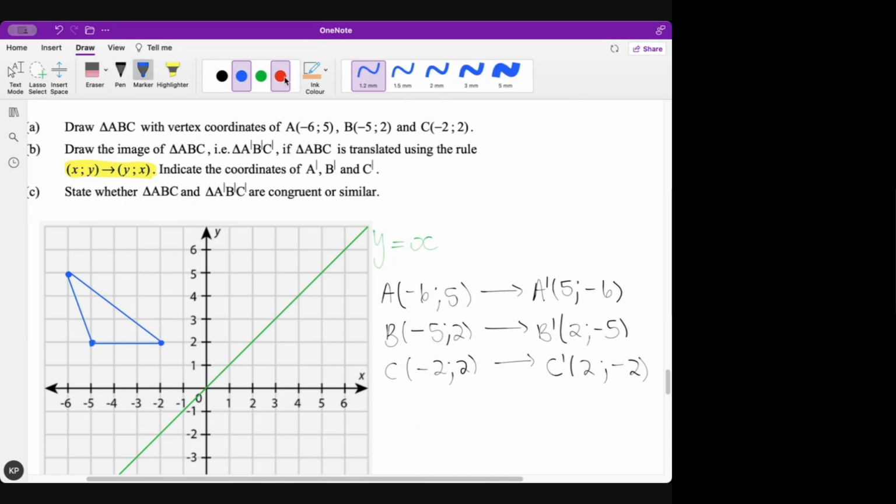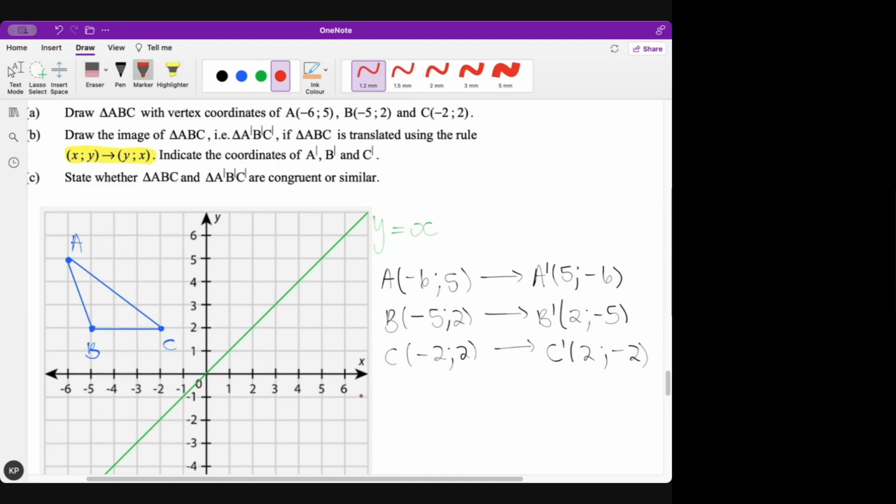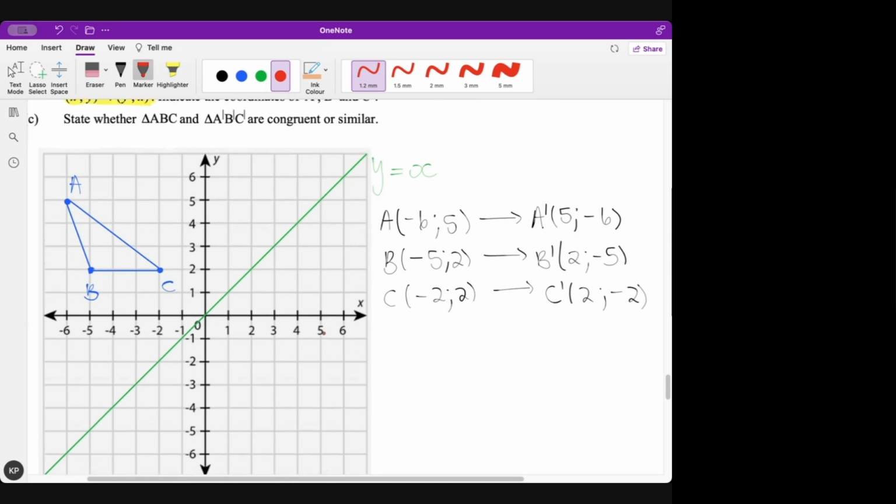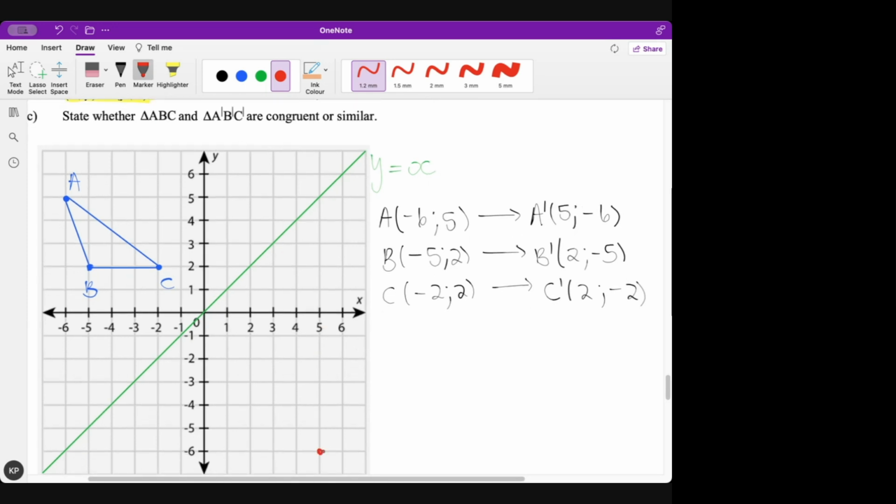Great. Let's draw this new triangle. I think it's a good idea for me to write down that this is A, B, C, so that in the new one I can write down that it's A prime, B prime, C prime. This time we're starting at 5 and negative 6. We're all the way here, and this is A prime. Then we're going to B prime, which is at 2 and negative 5.